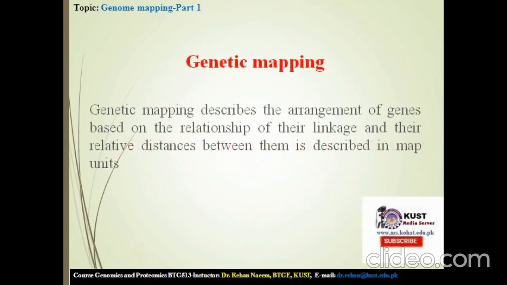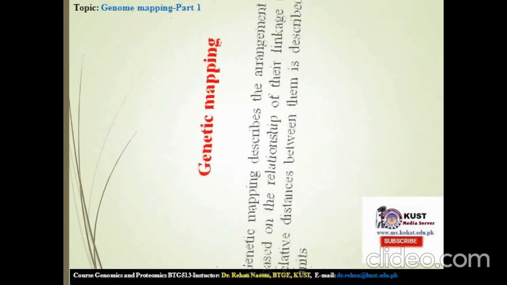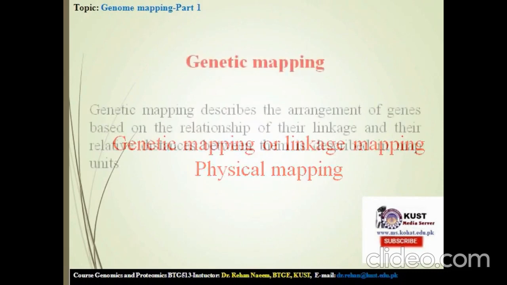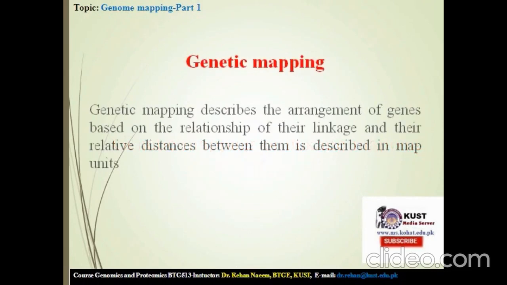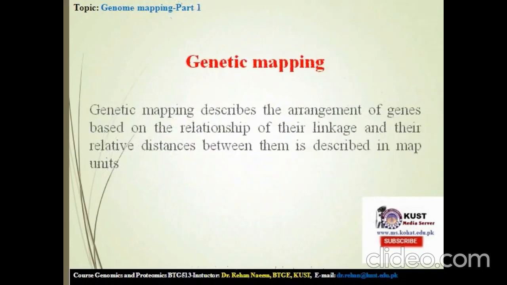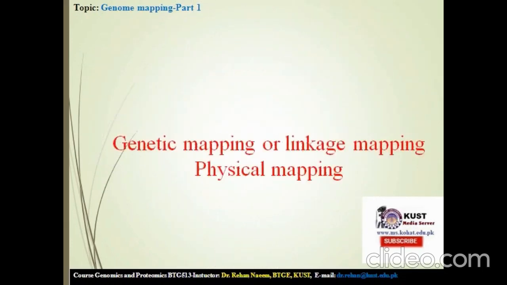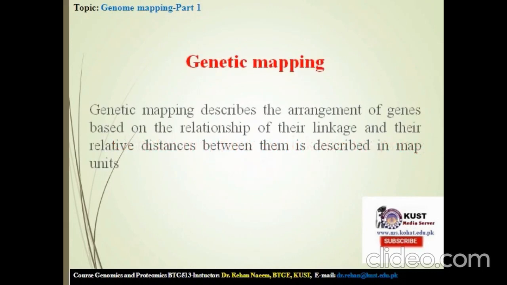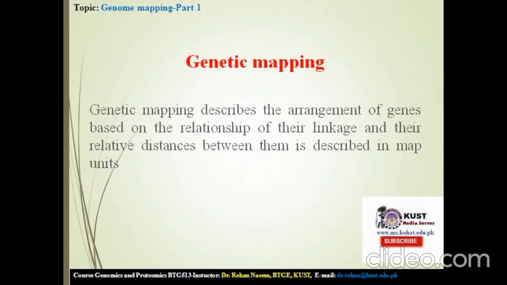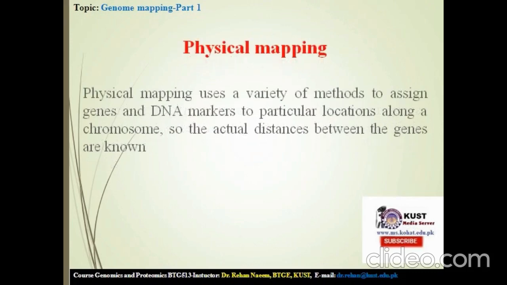Genetic mapping relies on the relationship of linkage, or you can say the arrangement of genes is possible in genetic mapping on the basis of recombination frequencies, and by using those recombination frequencies the relative distance between genes can also be found out, while physical mapping gives us information about the actual distance between the genes.